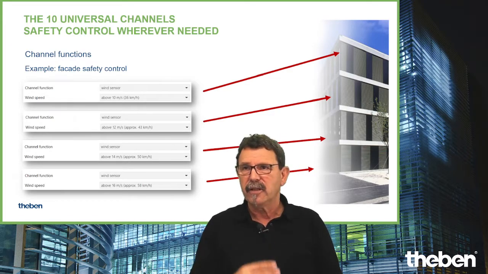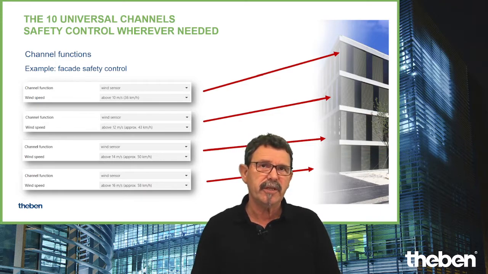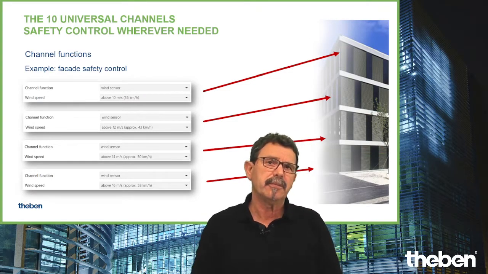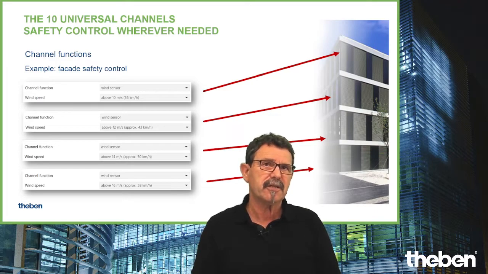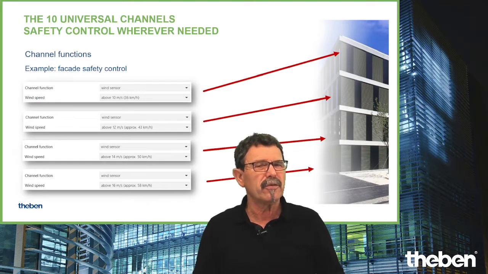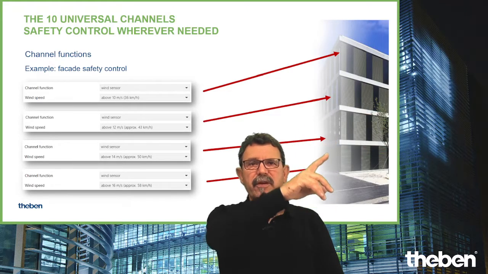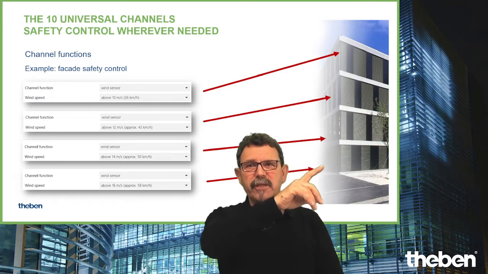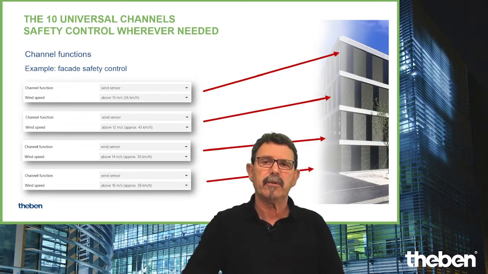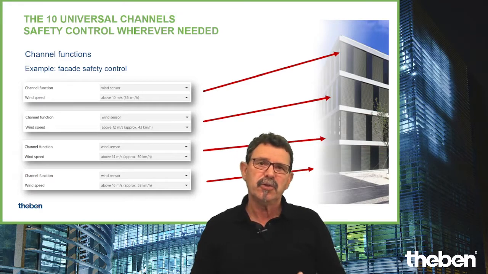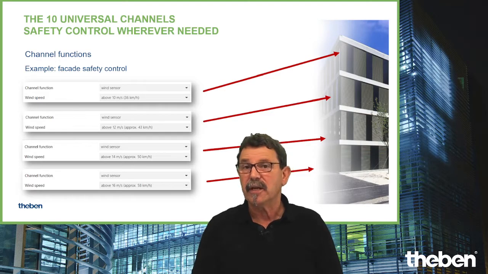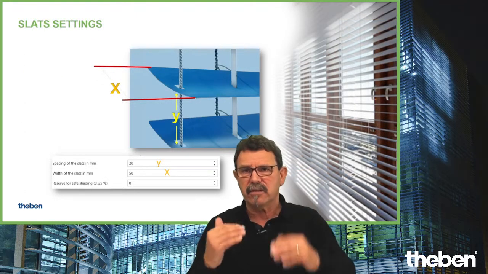Probably the wind speed on top you adjust to 10 meters per second, then the blinds are rising on top of the building. The third floor, in this example, you set to 12 meters per second, so the wind on top has to be stronger to rise those blinds, and further on, so that finally, when you have on top of the building 16 meters per second, then it's time to rise these blinds as well. So you can do it in cascades.